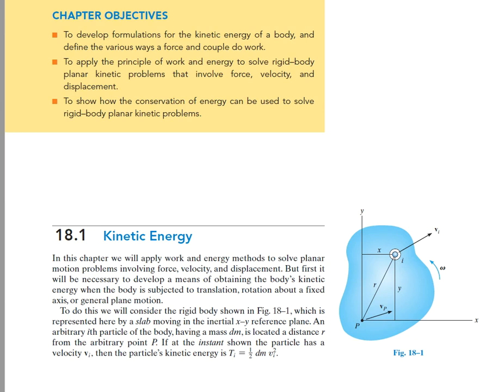So if we assume a body to be a collection of small infinitesimal masses, we take as the kinetic energy the energy of the small infinitesimal masses with their velocity squared taken half, like we learned in systems of particles.